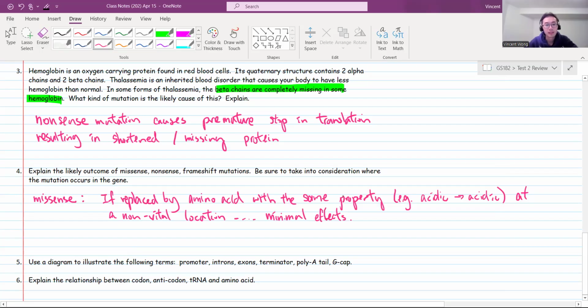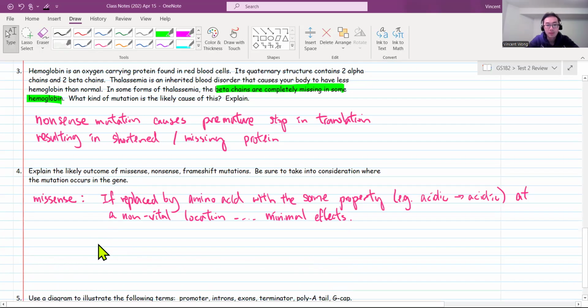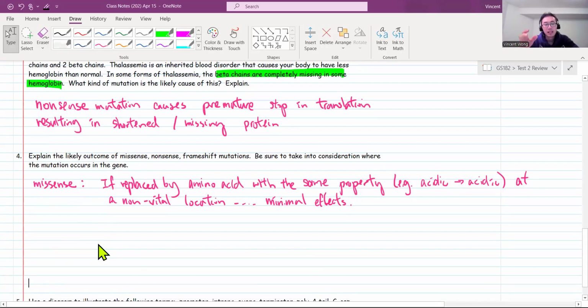Okay? Non-vital location means it's not a key functioning part of the protein. In the context of an enzyme, the vital location would be the active site. So a non-vital location would be anywhere else other than the active site. Okay, so like replacing the amino acid, if it stays the same, even if it's in the active site, probably less harmful than replacing it with something that has a different property.